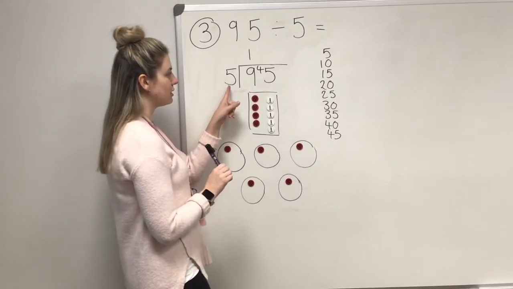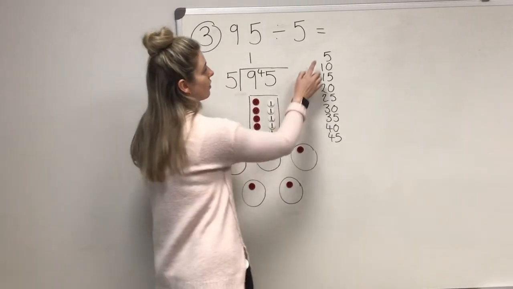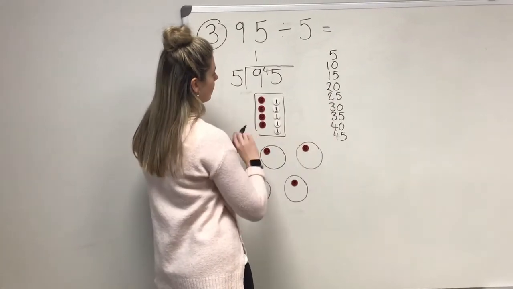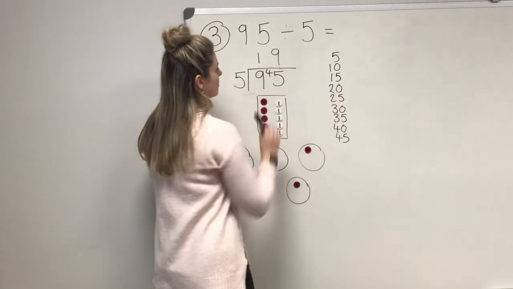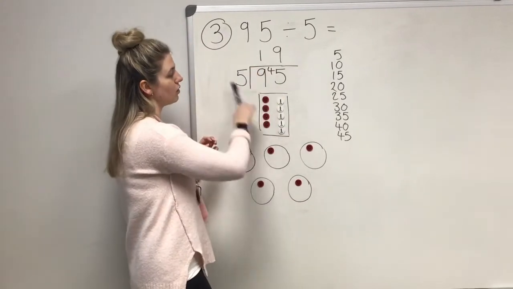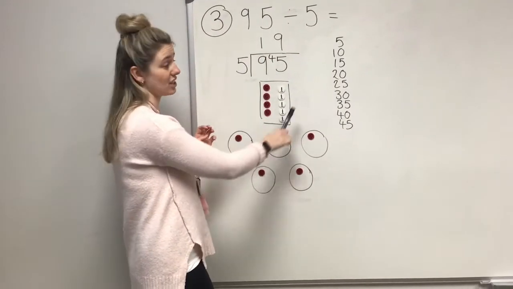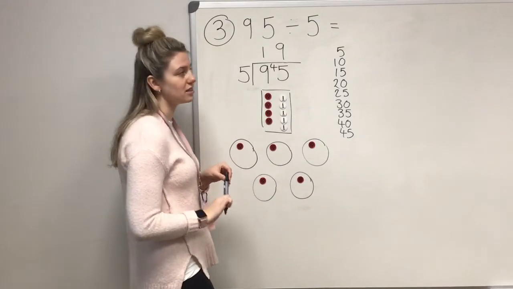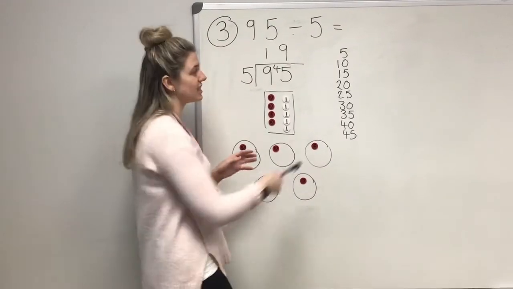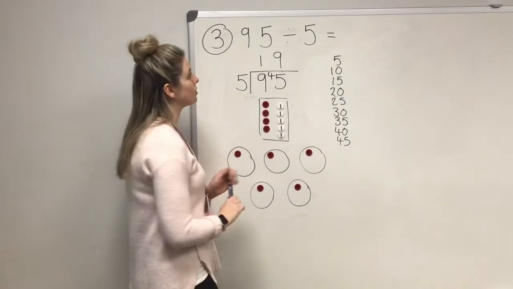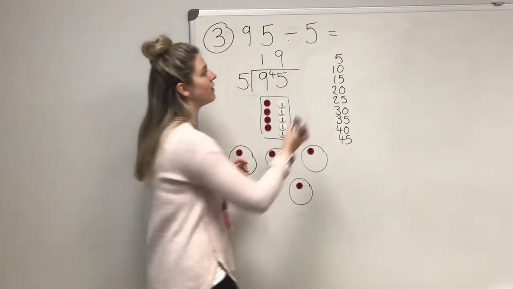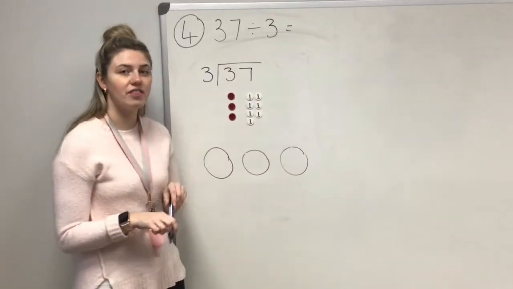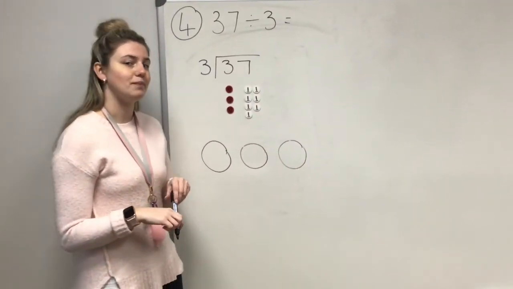So how many times does 5 go into 45? 1, 2, 3, 4, 5, 6, 7, 8, 9. So that goes 9 times. So overall, if we again exchange these, in each group we would have 9 ones. But we can do it quicker and easier with our times tables. So 95 divided by 5 is 19.